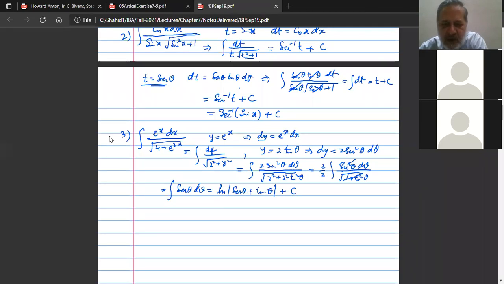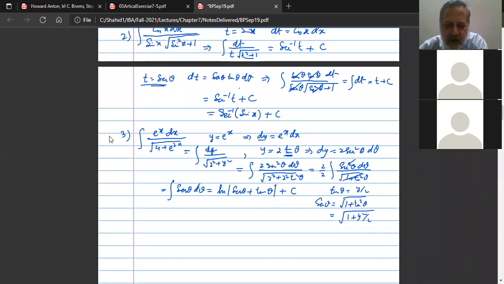Now we had substituted tangent theta as y by 2. So in place of tangent theta we will put y by 2. Secant theta is the square root of 1 plus tangent square, that means in place of secant theta we will put the square root of 1 plus y square upon 2.